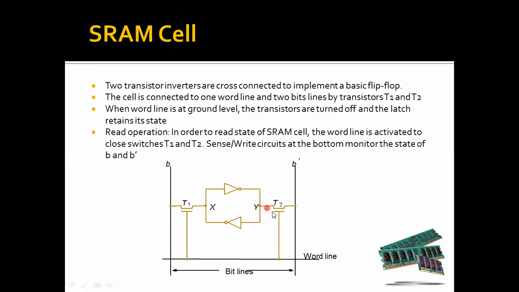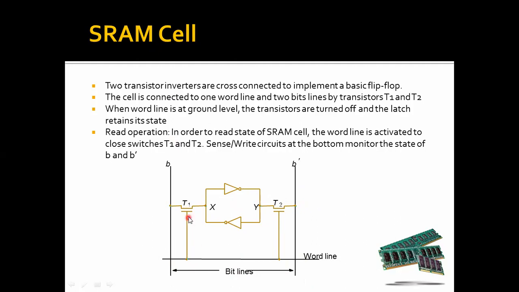Here we are using transistors. Two transistors are used. These lines, b and b dash, are called the bit lines.